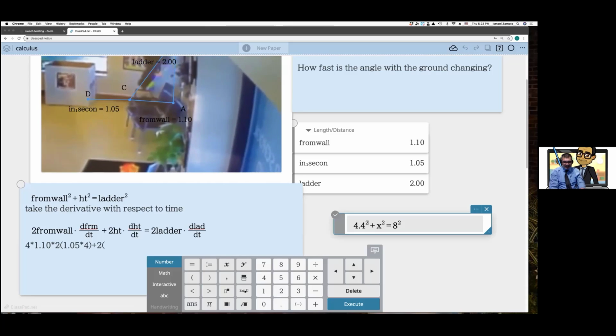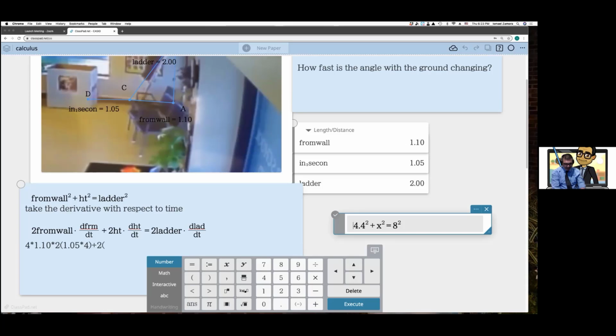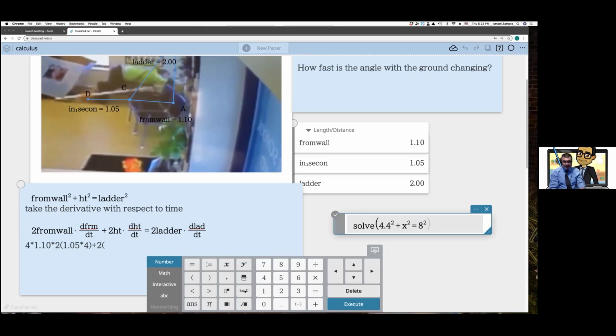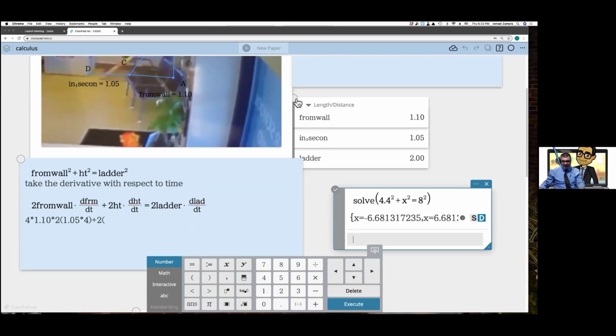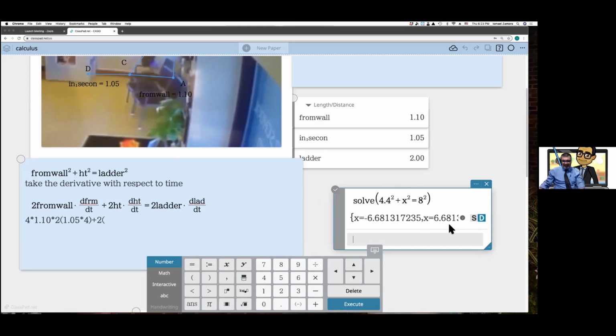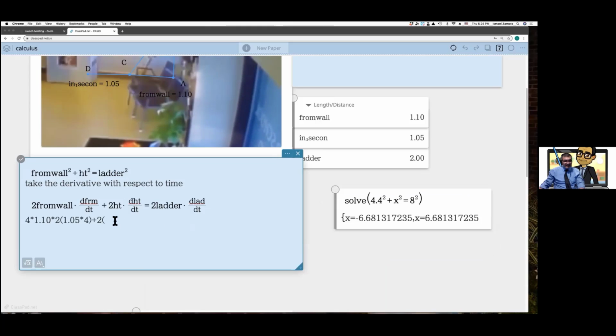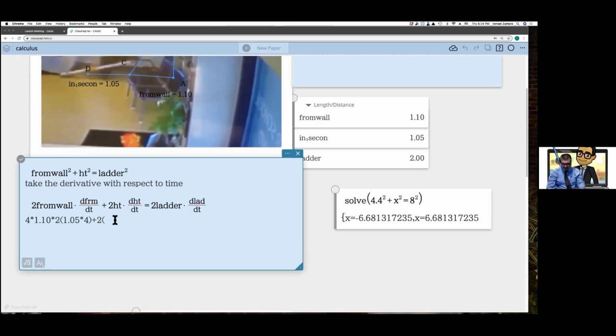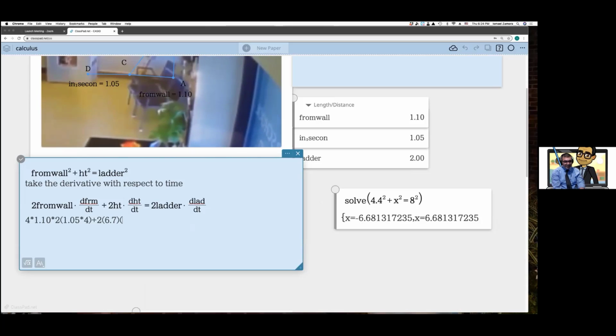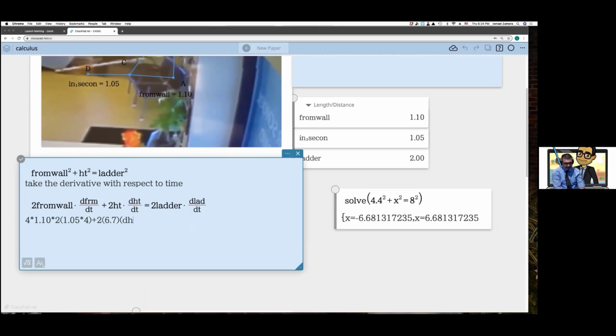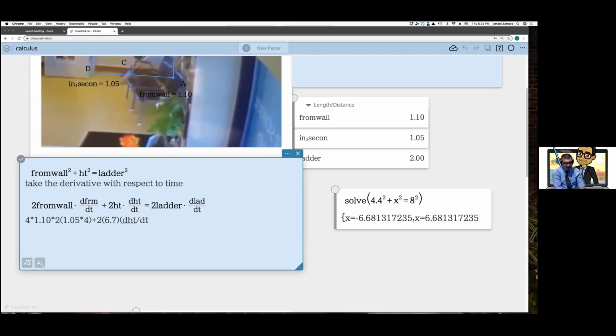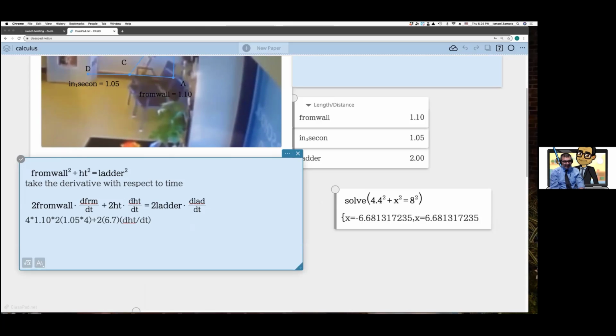And I want to say solve. I keep forgetting to add that. And it'll solve for x. So I don't want the negative, I want the positive. So that's 6.6. I'm going to go 6.7. dh dt, I don't know that, which is a good thing because that's what we're trying to find out, is how fast this is sliding down.